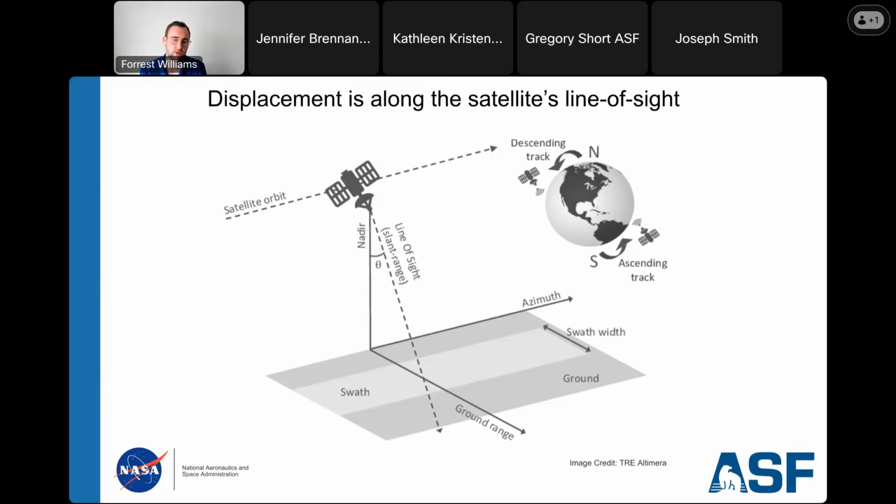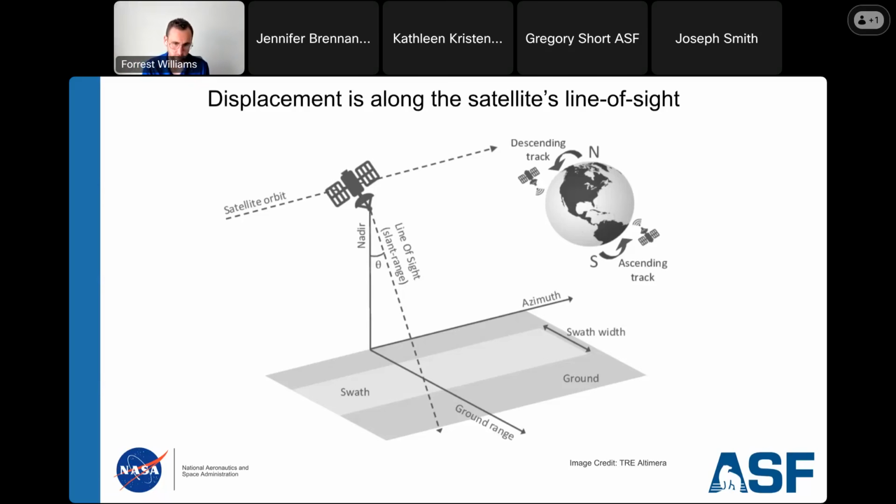This can be a little confusing for people working with it for the first time, because you might assume that the displacement measured is vertical, but it's a little bit muddied in this case. So always remember that you're viewing the displacement in these products along the satellite's line of sight. That's a value that's recorded in the metadata, and we have some helpful charts within the displacement portal to help remind you of this fact.